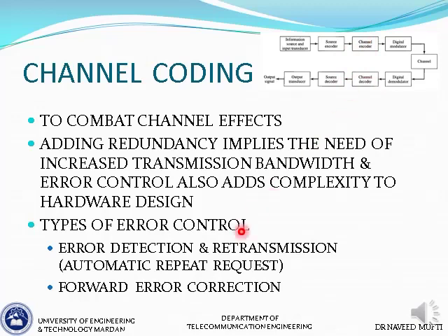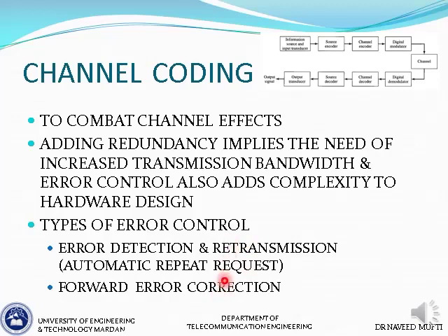Now, as I discussed earlier, there are two main categories of error control. Either we have error detection followed by retransmission, which is also called automatic repeat request, or we detect the error and then we correct it at the receiver. So we don't request retransmission.